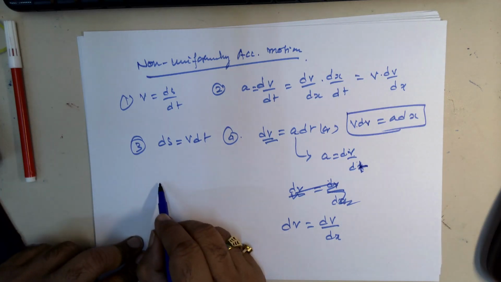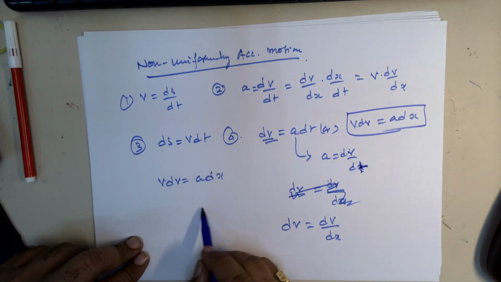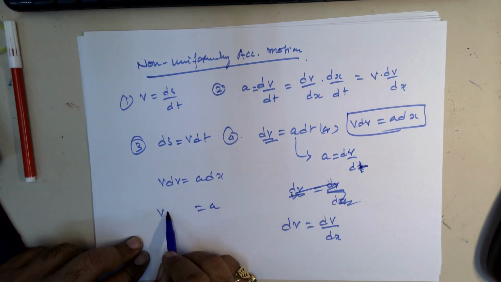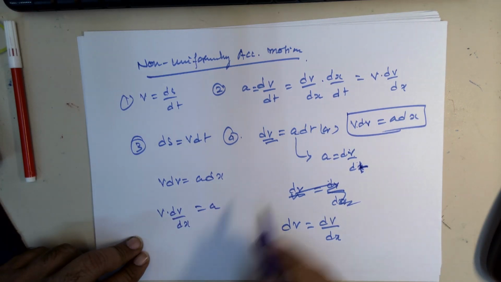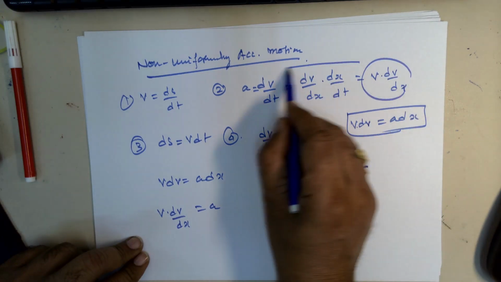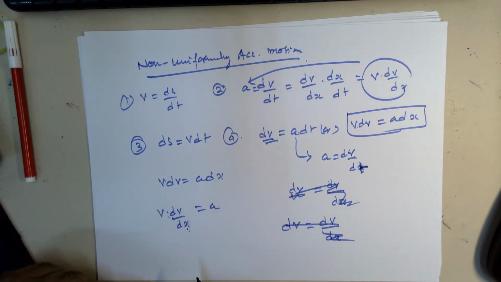For instance, v dv is equal to a ds, and a is equal to v into dv by dx. Which is nothing but here. Are you able to follow? So I have taken from here.